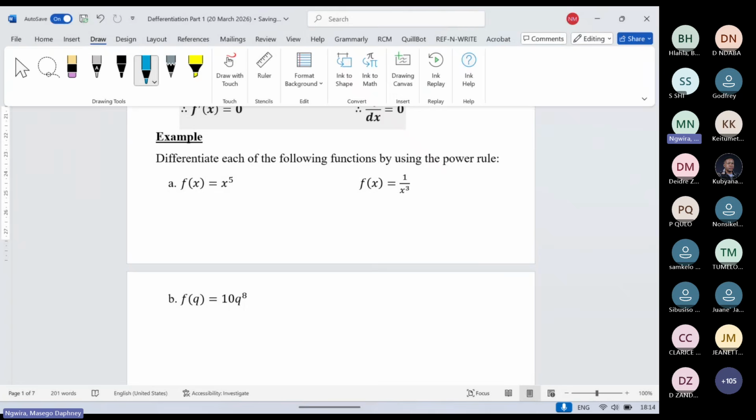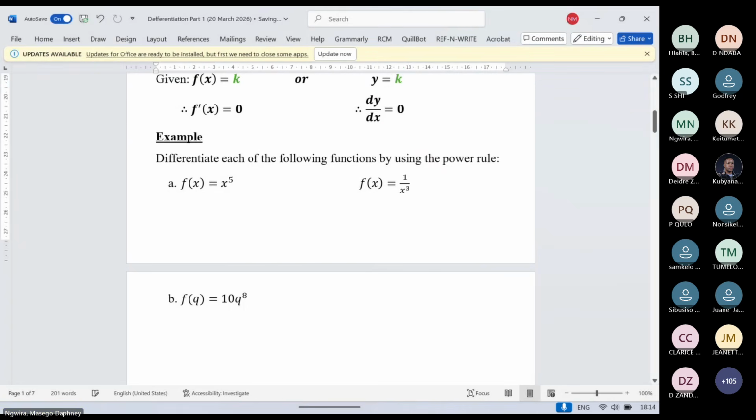The example says differentiate each of the following functions by using the power rule. So we're going to use the power rule. My function is f of x is equal to x to the power of 5.